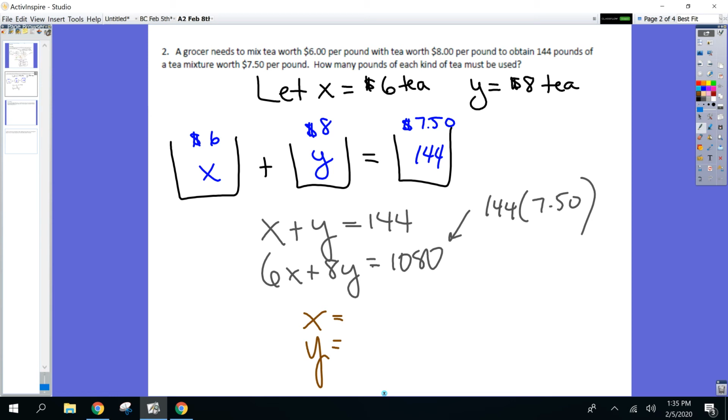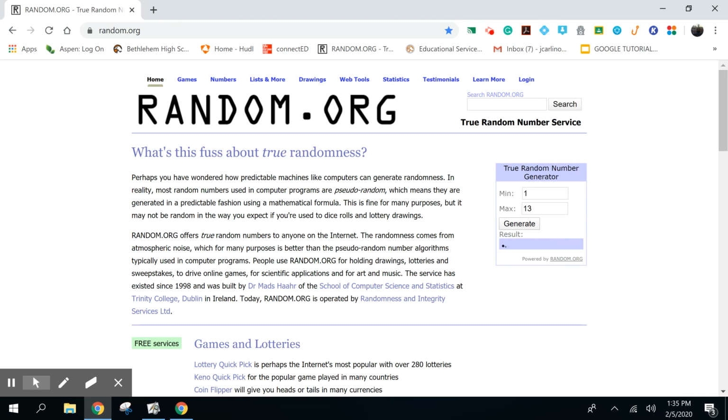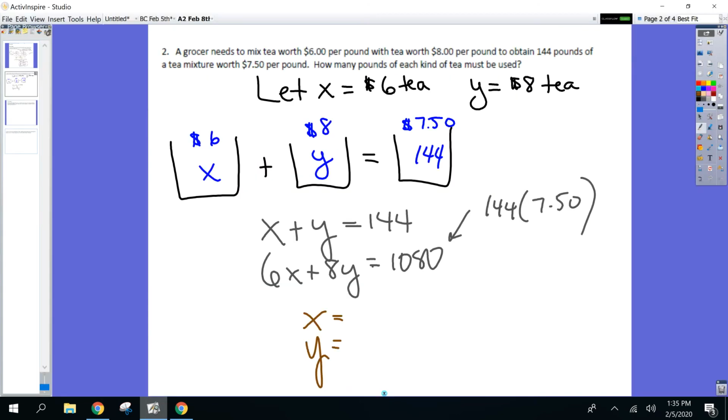Okay, first thing, how many pounds of $6 tea did you end up with? How many pounds of $6 tea? 36 pounds, everyone. LBs for pounds.